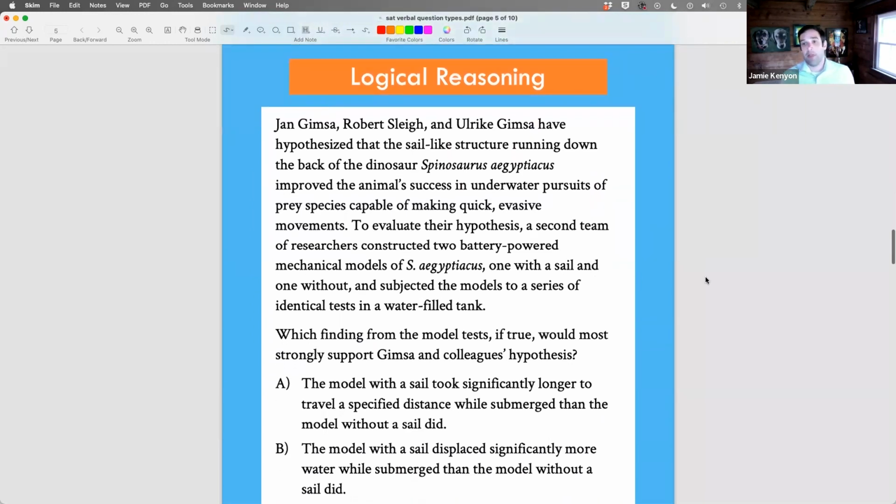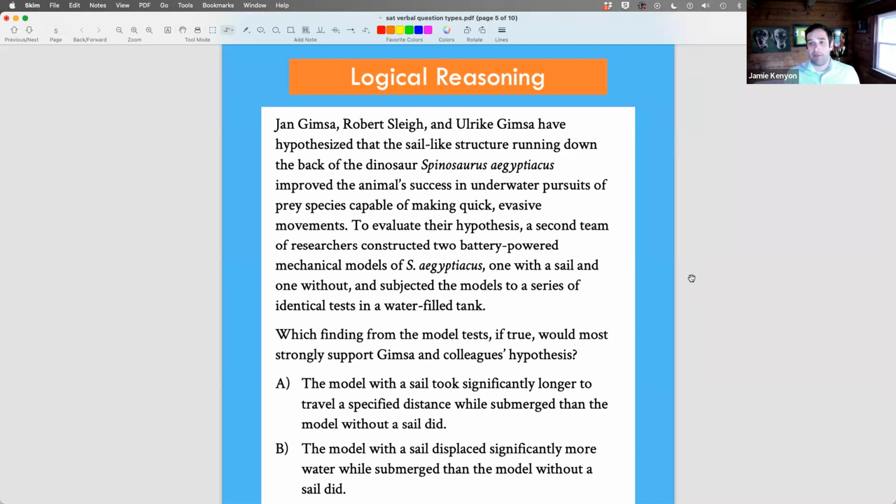Logical reasoning, like I mentioned, it's very similar to the logical reasoning section of the LSAT. So you see questions about how to strengthen or weaken somebody's conclusion, or how to form a proper conclusion out of a set of information. So they have a few ways that they'll present this.